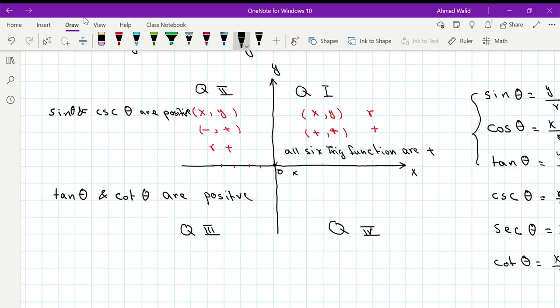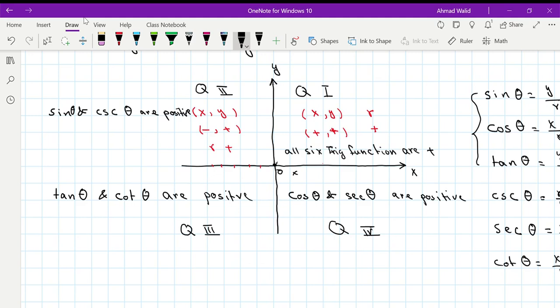In quadrant number 4, cosine theta and its reciprocal, which is secant theta, are positive. Correct?